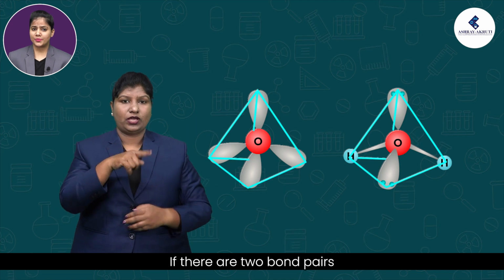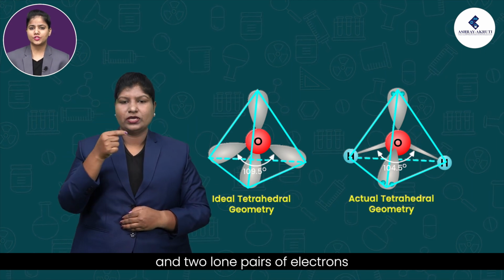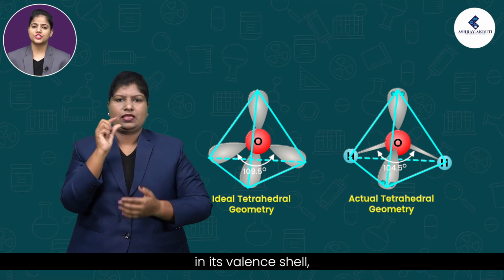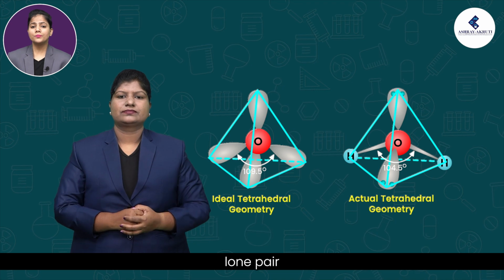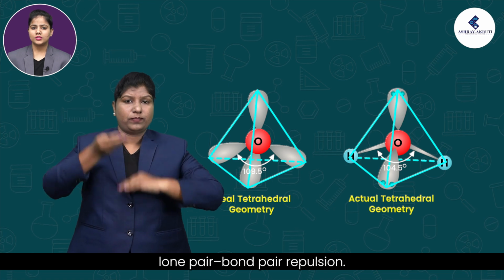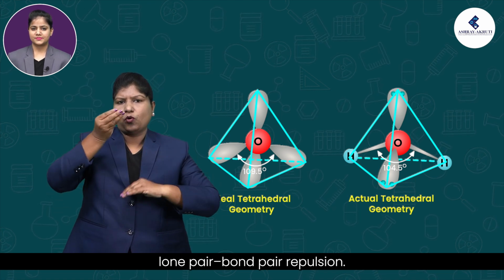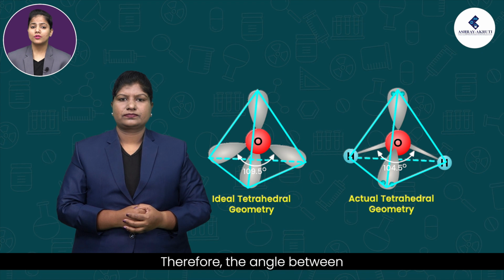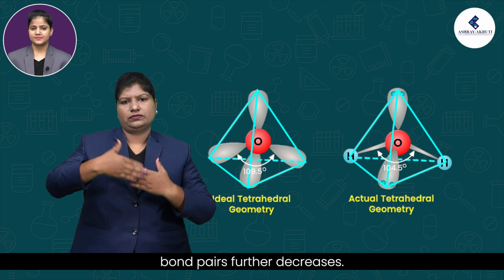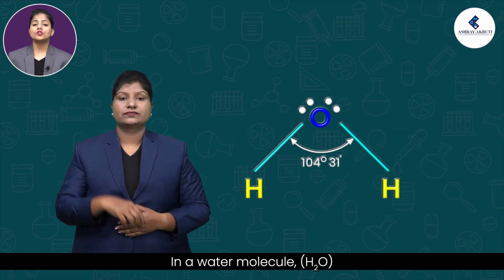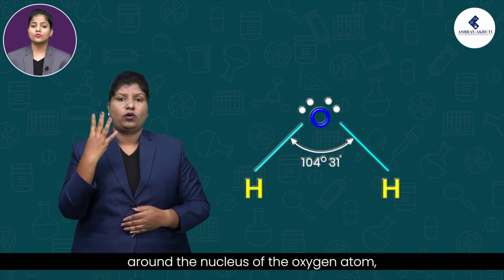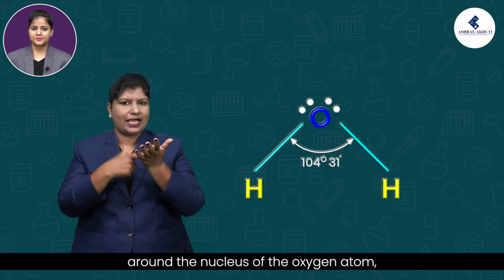If there are 2 bond pairs and 2 lone pairs of electrons around the nucleus of the central atom in its valence shell, lone pair-lone pair repulsion is greater than lone pair-bond pair repulsion. Therefore, the angle between bond pairs further decreases. In a water molecule H2O, there are 4 electron pairs around the nucleus of the oxygen atom.